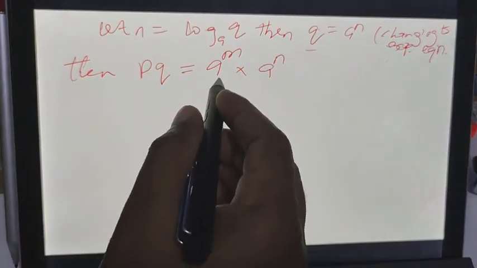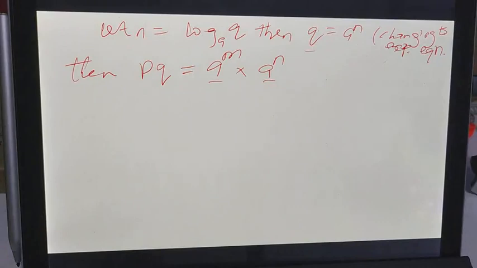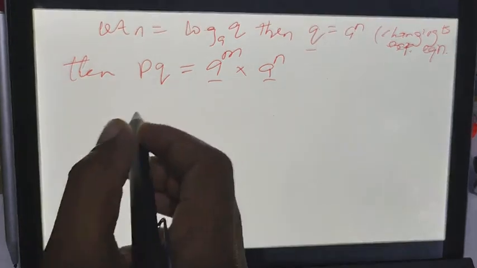Then if you look at this one and that one, you find they all have the same base a. So if we consider the laws of indices, when the bases are the same, the powers are added.